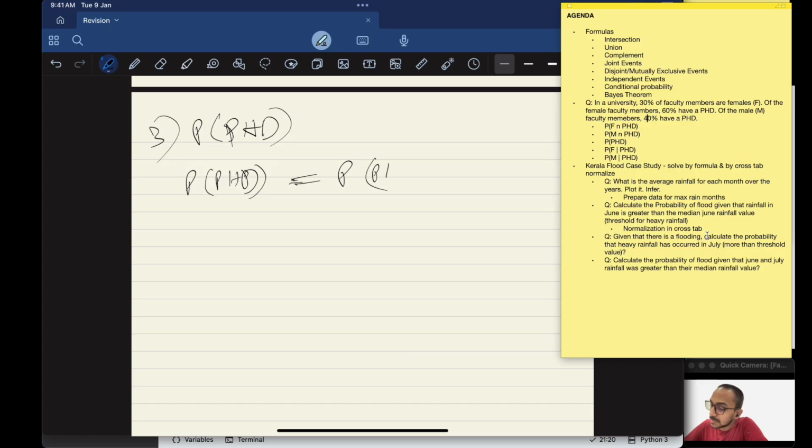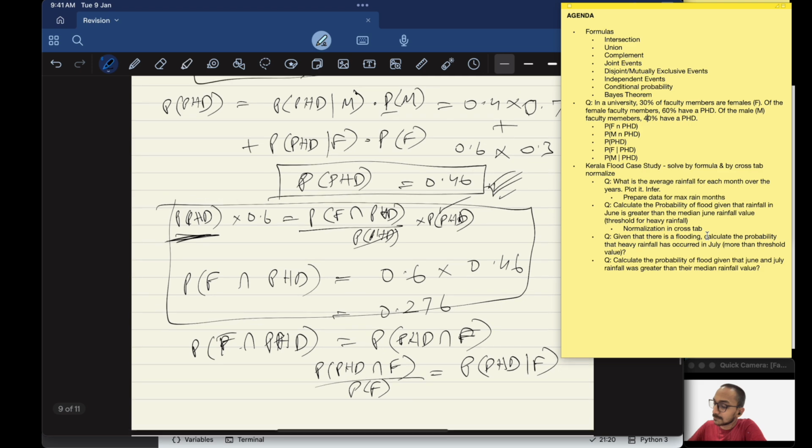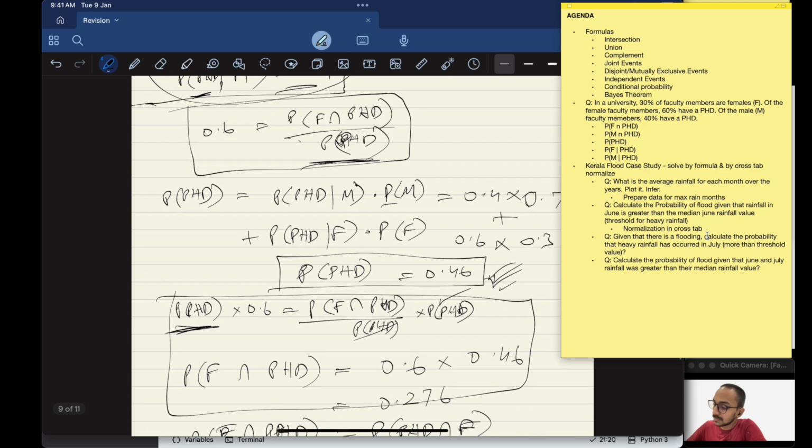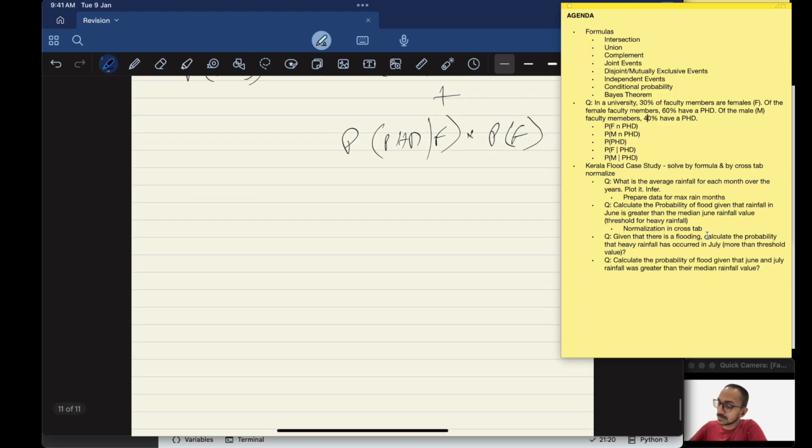P of PhD intersection male times P of male plus P of PhD intersection female times P of female. We already did this here, right? We just have to plug in the values, and the result would be 0.46.